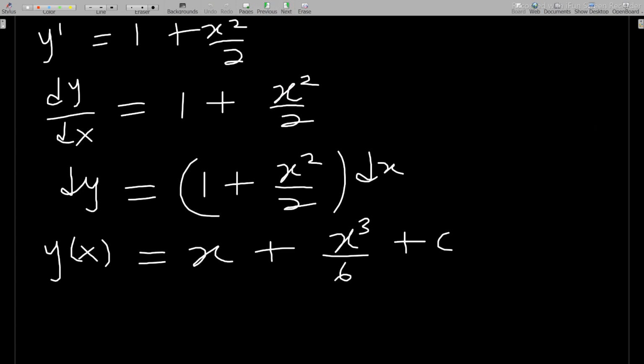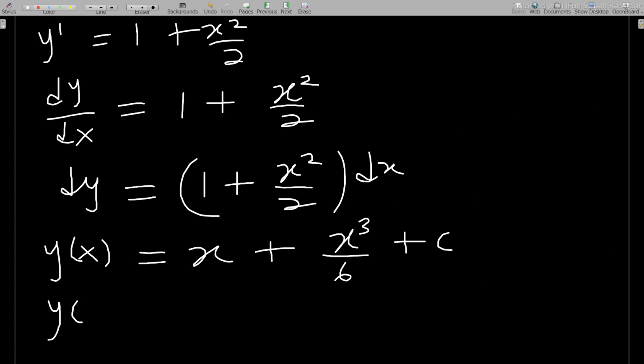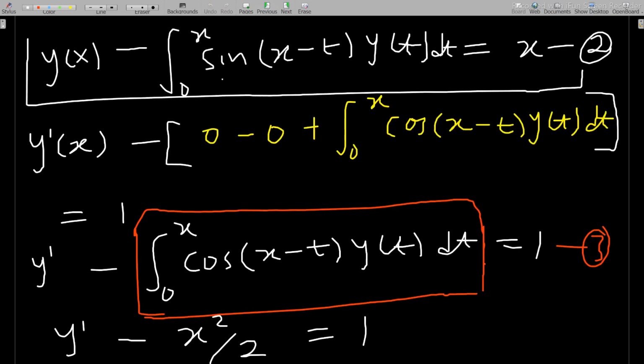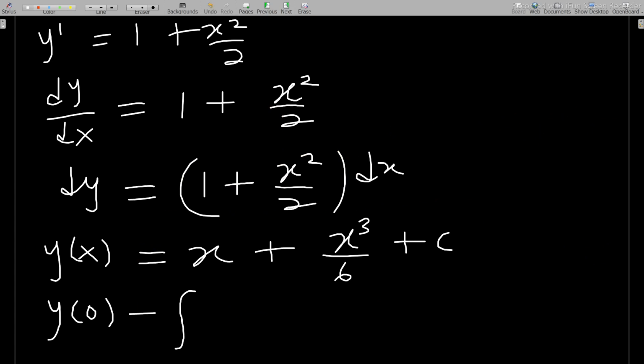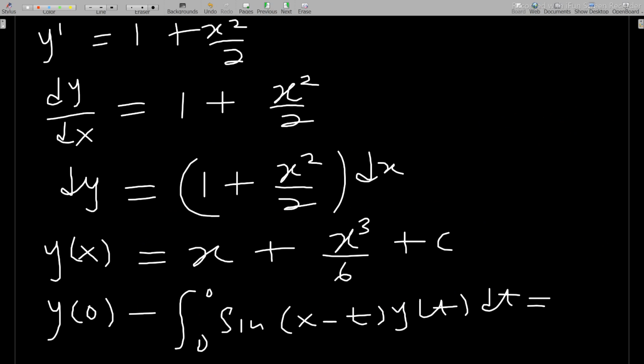Sorry for that. Let me come back: so y of 0 in equation 2, wherever I see x, I put in 0. So I have y of 0 minus the integral from 0 to 0 of sine of something, (x minus t) y of t dt, which is equal to, let's see what is here.